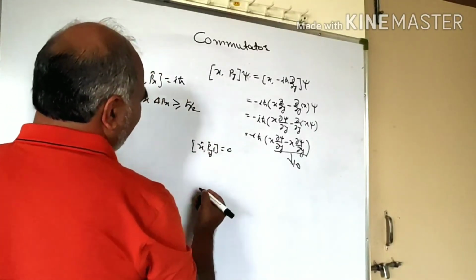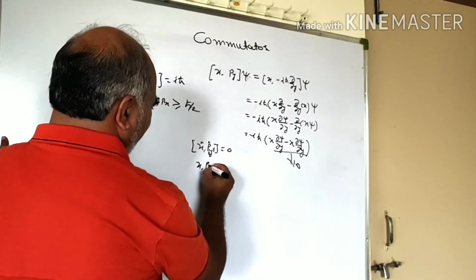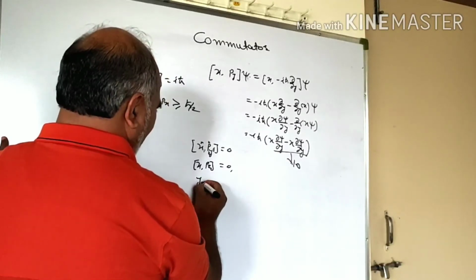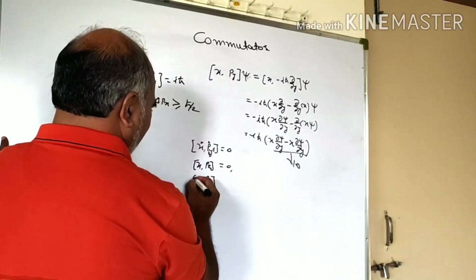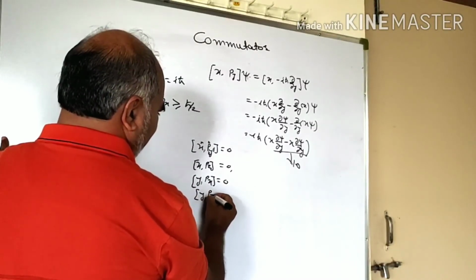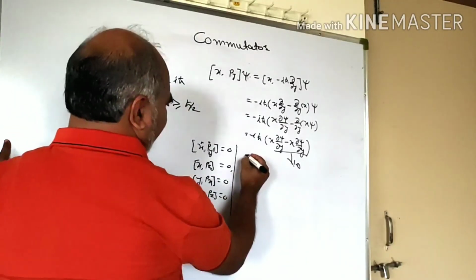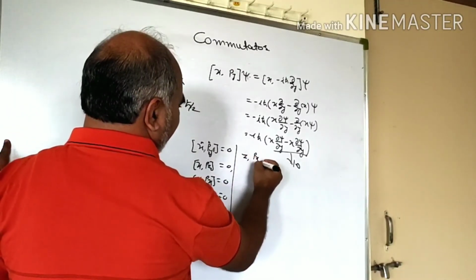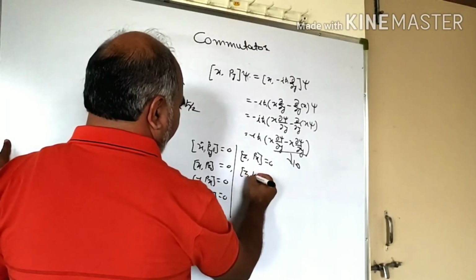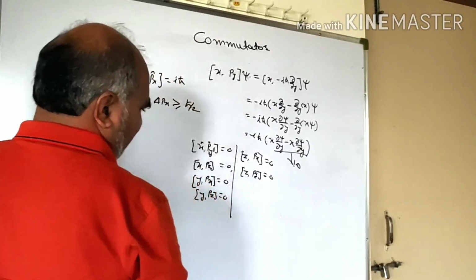Simultaneously, the other relations we can write. So [x, py] is equal to 0, then [y, px] is equal to 0, then [y, pz] is equal to 0, then [z, px] is equal to 0, [z, py] is equal to 0.